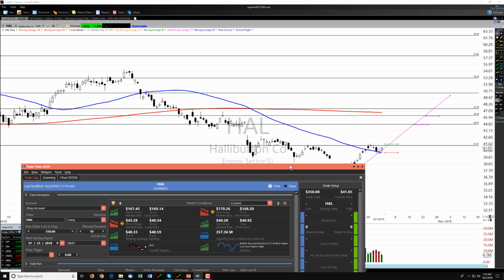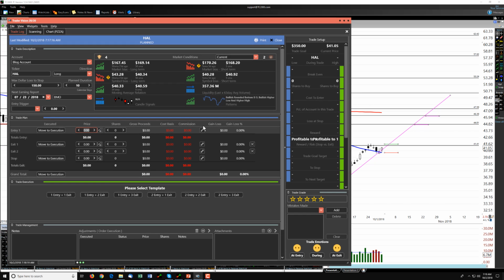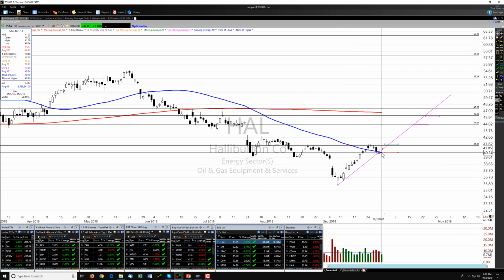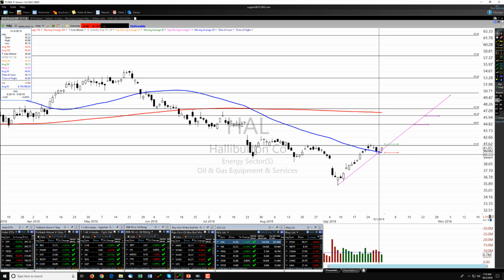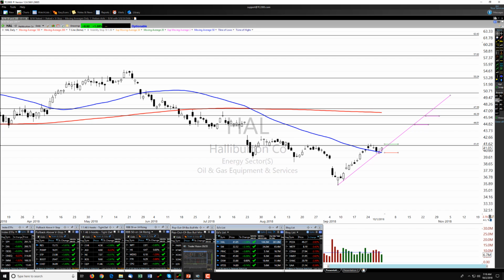If that's 41.40, let's call it 41.50, just to be conservative, as an entry, and with our stop down here about where the 50 is at the moment, which is 40.34. I would buy that. It could be a touch lower underneath the body of yesterday's candle, but let's go with 40.30 and call that good enough for today.